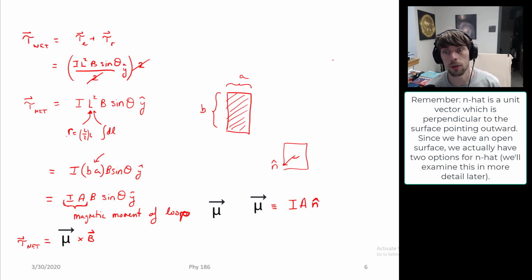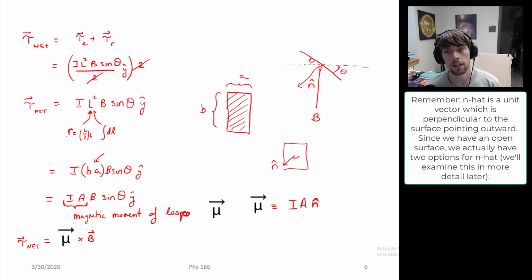From the overhead view, here's my loop. N hat would point this way. B, as in boy, is pointing that way. And if we remember, we called this theta. Well, if this is theta, this angle is also theta.